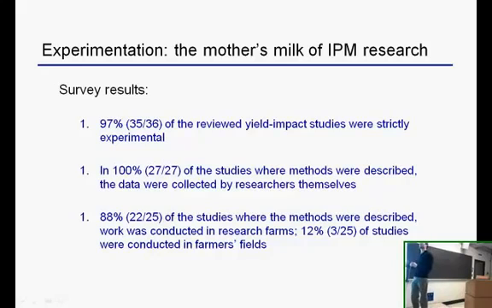In 100% of the studies where the methods were described in adequate detail, the data were collected by the researchers themselves. So we're very jealous about how we do our research. We want to be totally in control of it. And finally, in most of the studies, 22 out of 25 where the methods were described adequately, the research was conducted in a research setting, on a research farm, rather than in a commercial setting.